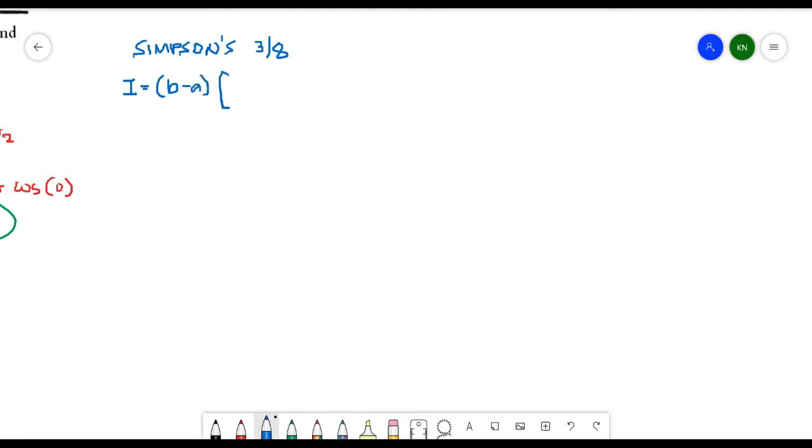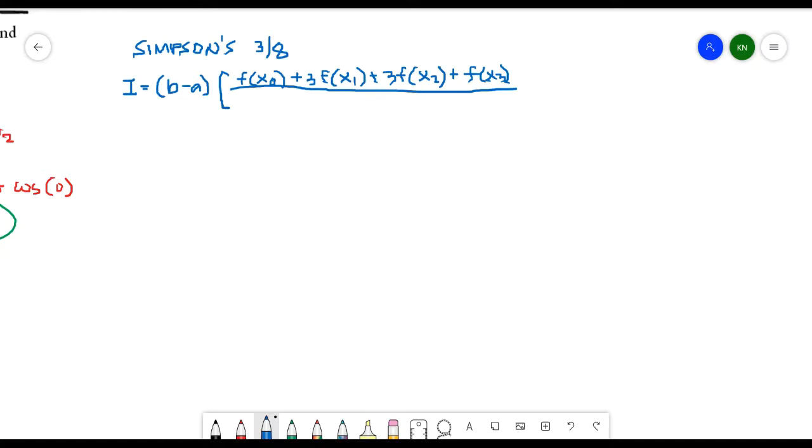multiplied by f of x sub 0 plus 3 f of x sub 1 plus 3 f of x sub 2 plus f of x sub 3. Now, if you can remember from the discussion earlier, Simpson's 3/8 rule should involve 4 points in our graph, right?